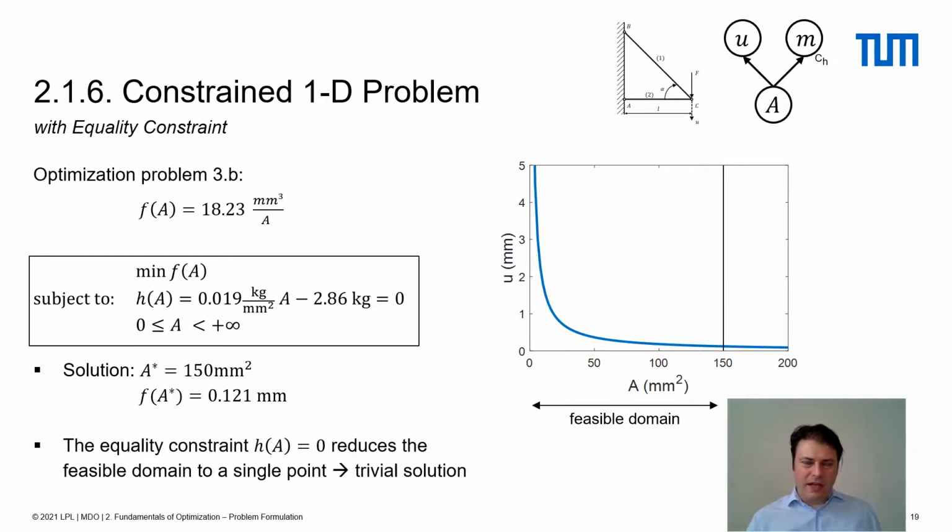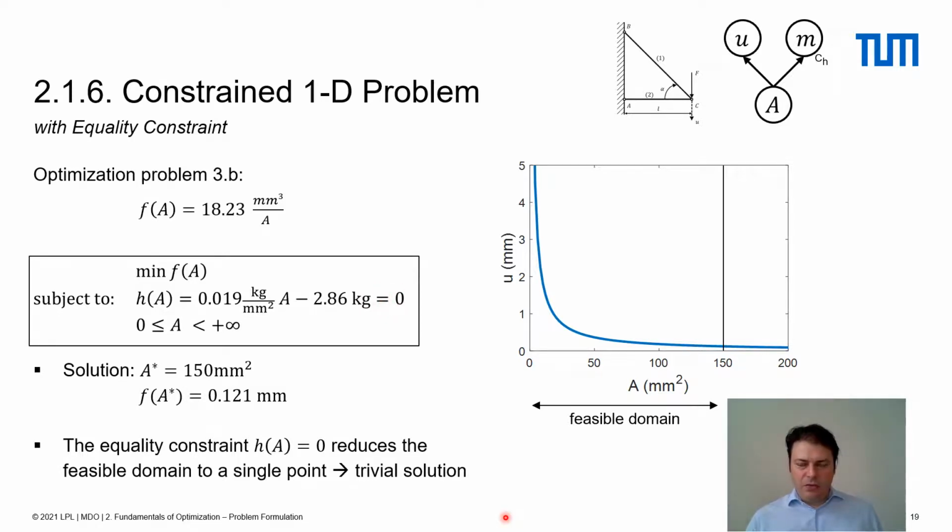Now let's look at the second optimization problem that was formulated with an equality constraint. The expressions here are all the same, except that we replaced G by an H, because H is the symbol for our equality constraint functions. And now we have an equal sign here to express an equality constraint.